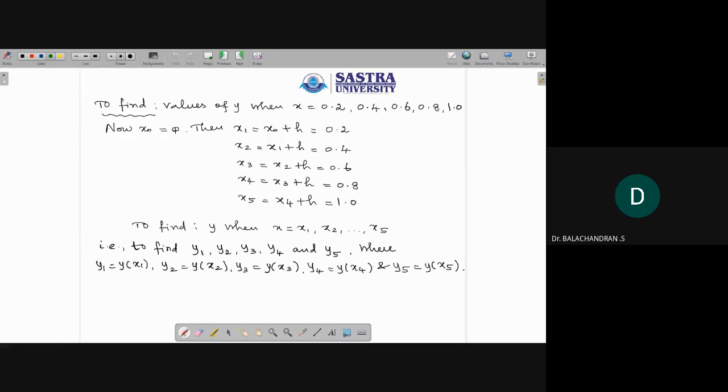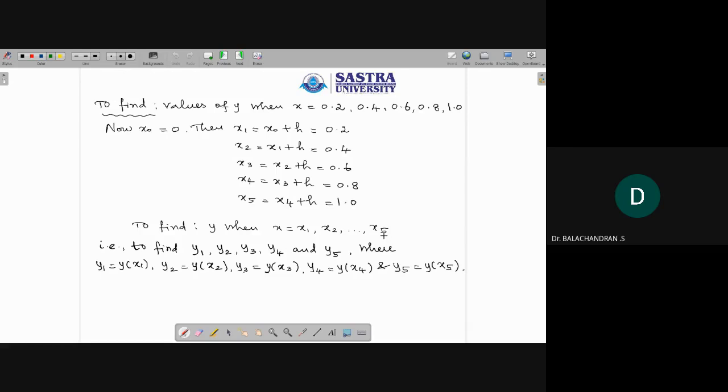So x naught equals 0, x1 equals x naught plus h, which is 0.2. Similarly, x2 equals x1 plus h, 0.2 plus 0.2, 0.4. Similarly, you can get x3, x4, x5. Okay, now we need to find y when x is equal to x1, x2, up to x5.